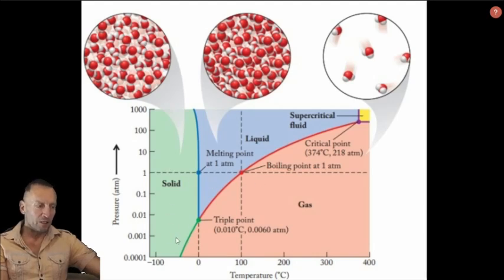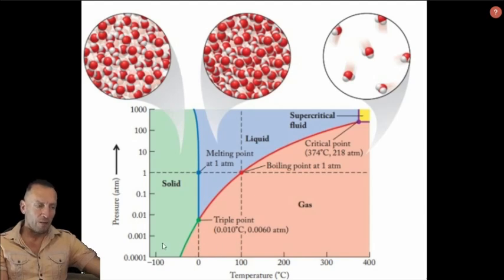So if the pressure is low, and the temperature is under this triple point, then what's going to happen is when we increase the temperature, see, then we're going to have so-called sublimation. From solid, it turns to a gas, and vice versa.